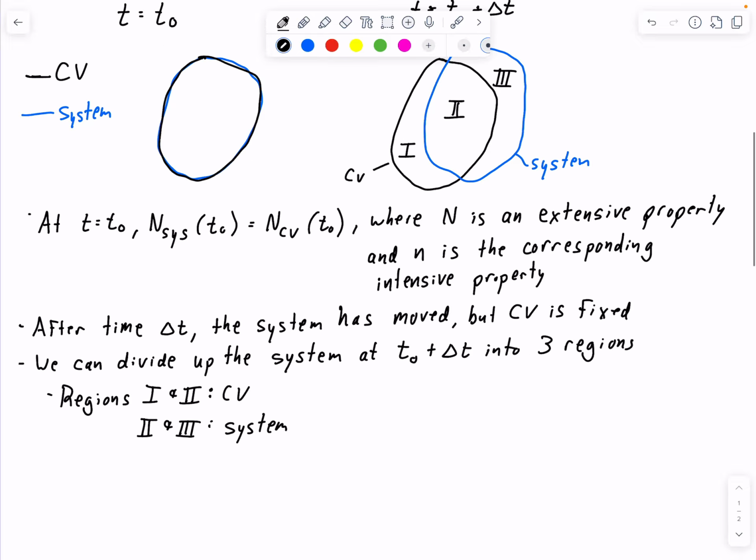And so what we're going to do is come up with an expression for the amount of extensive property in the system at the second time point.